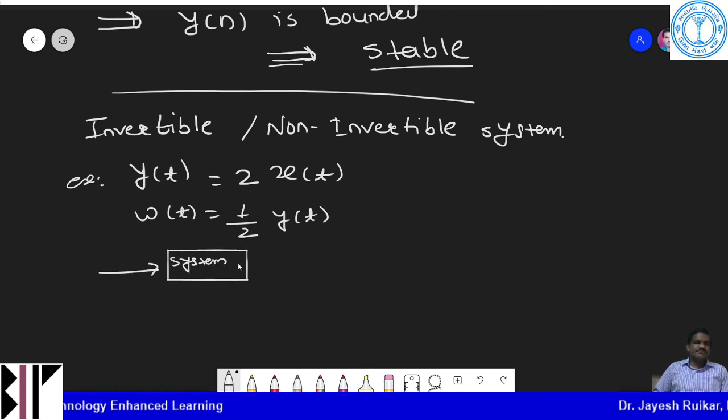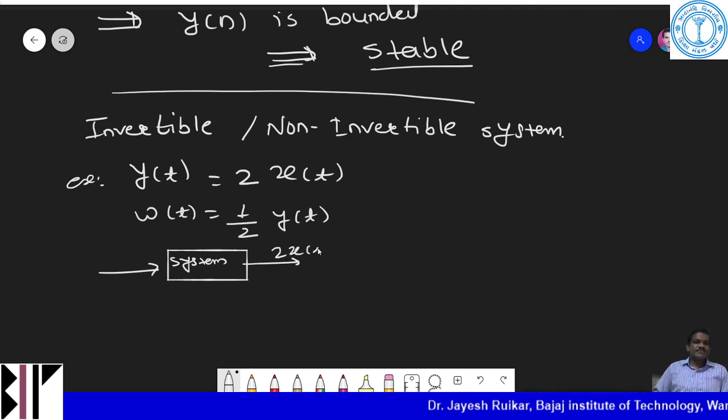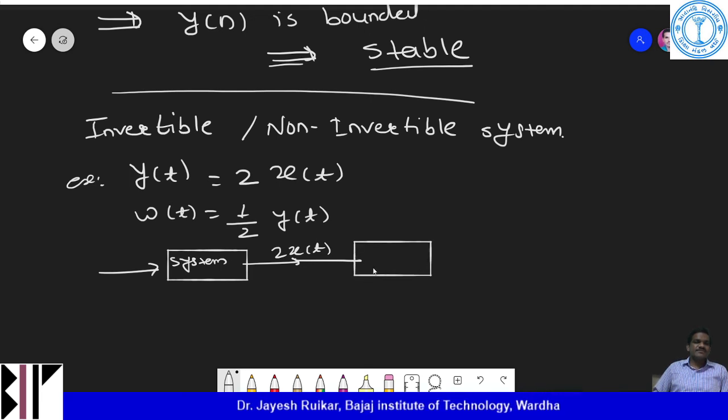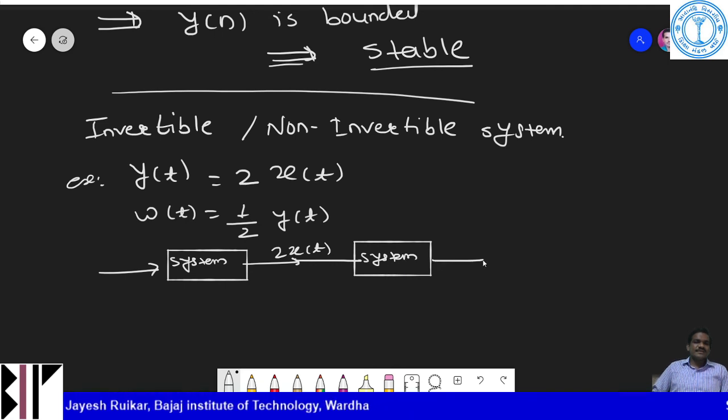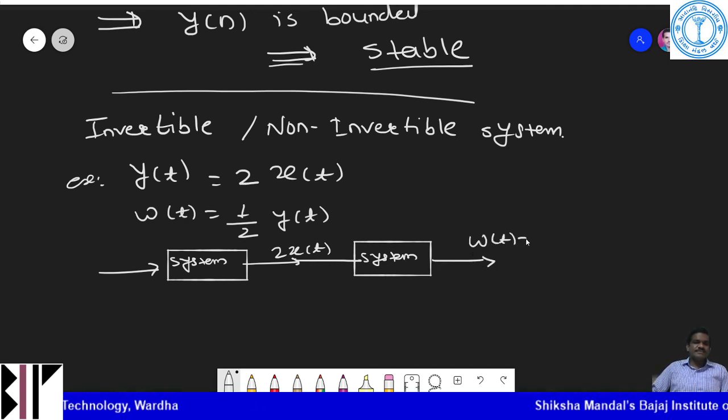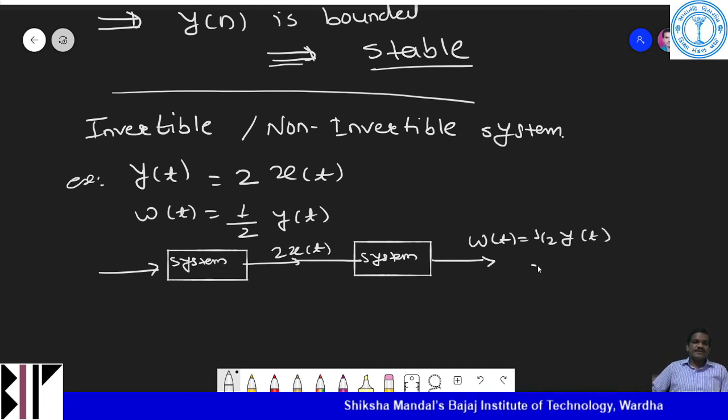I am giving the input to the system, and at the output I will get 2 times x of t. When I pass this 2 times x of t to another system, this system provides me w of t, which is nothing but 1 by 2 times y of t, and which is nothing but x of t.